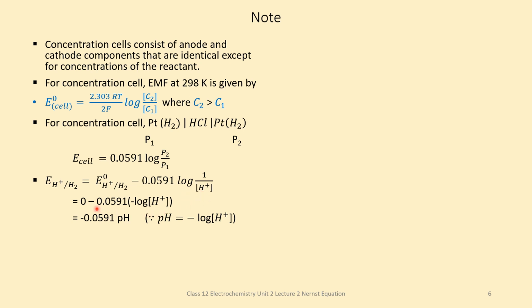That is equal to minus 0.0591 into minus log of H+. Simplifying, here we can write 0 minus 0.0591 pH, because pH is equal to minus log H+, with the partial pressure of hydrogen being 1.